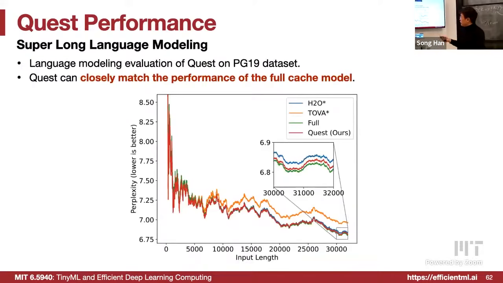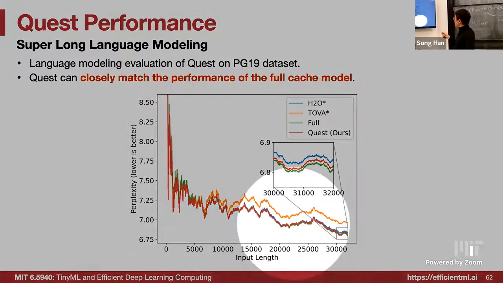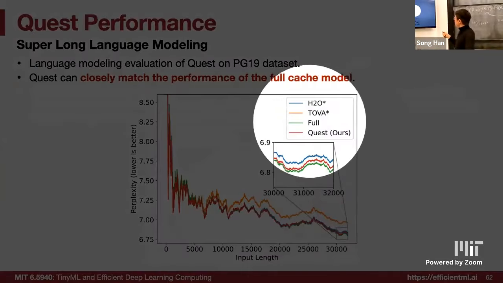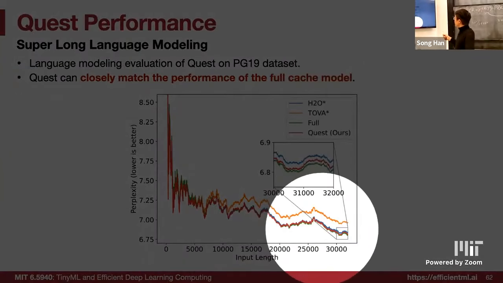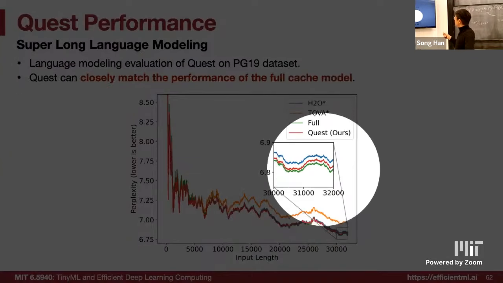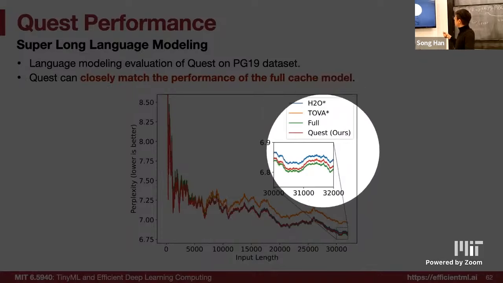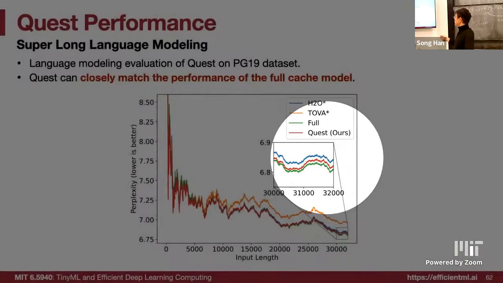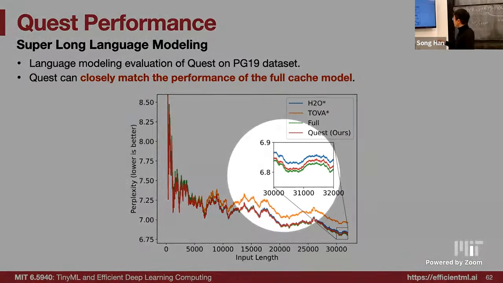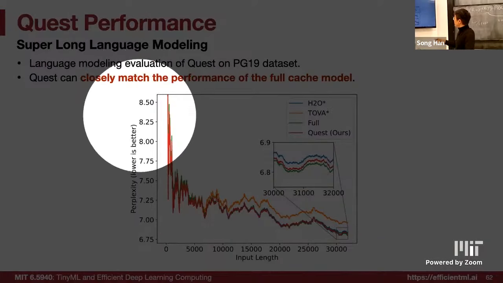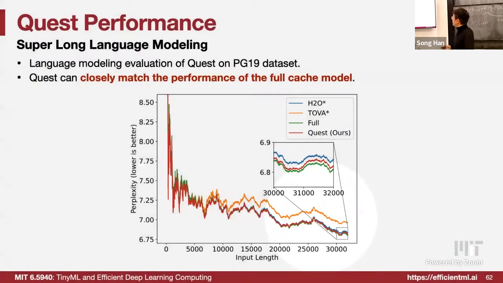This is the language modeling result, comparing several methods: TOVA is very high, full attention is in green, the other baseline is in red, H2O is in blue right here. As the input length gets longer, the perplexity remains low, very closely matching the performance of the full cache model.